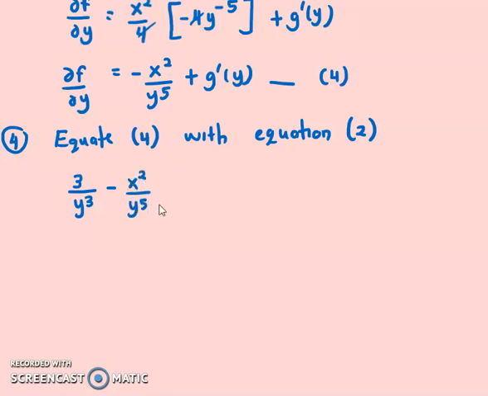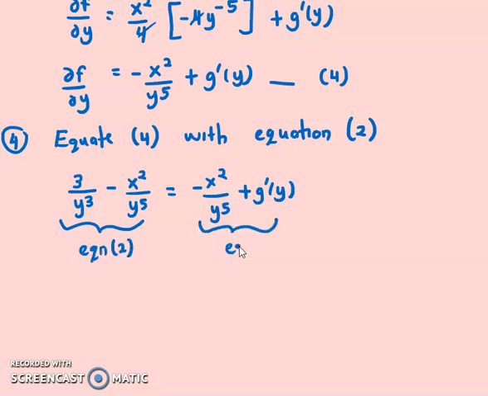This is our N, and we equate with equation 4. When you equate this, we can see that these are the same things, so the rest belongs to my g prime.